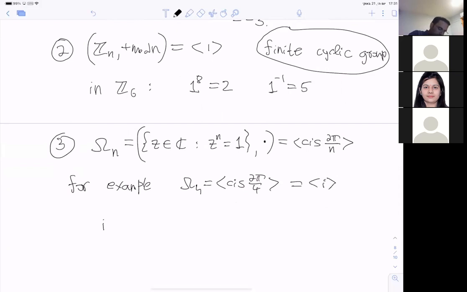Because i to the power of 0 is 1. i to the power of 1 is i, i to the power of 2 is -1, and i to the power of 3 is -i. And then you get back to 1 with i to the power of 4. Okay, so this is the group.